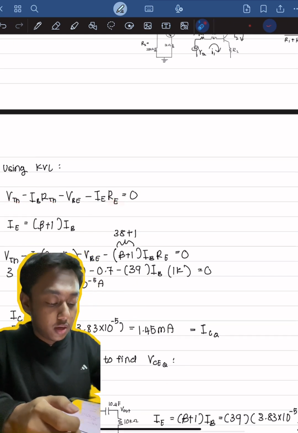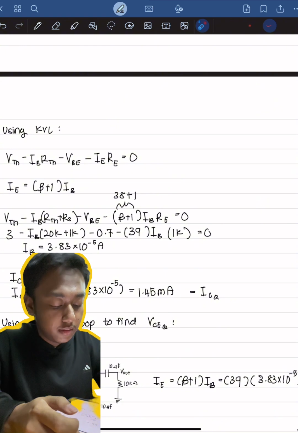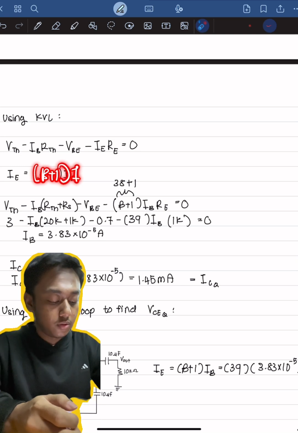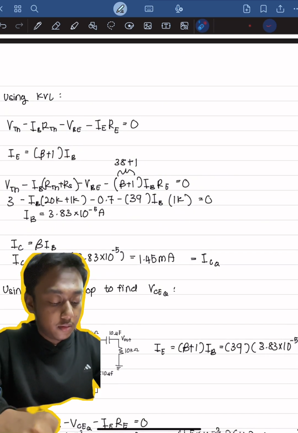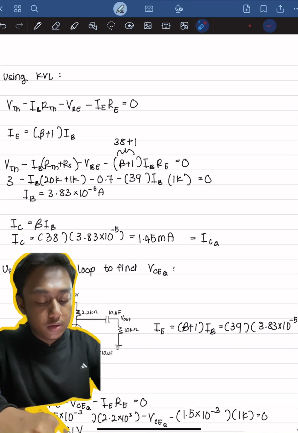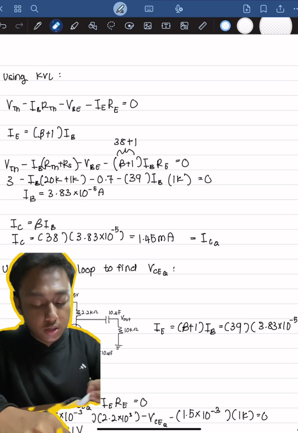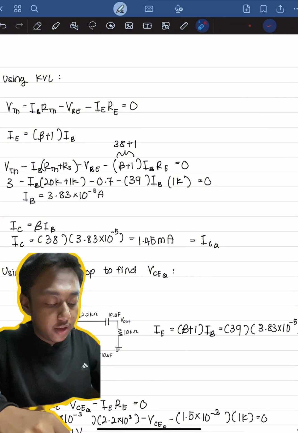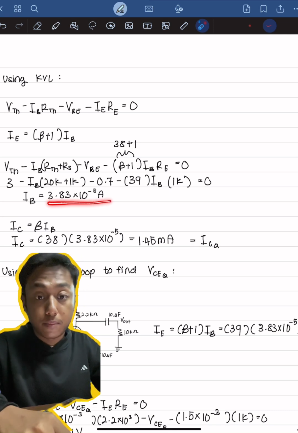We can straight away replace the IE with beta plus 1 times IB here. So then furthermore, on the calculation, we can see that the IB value is 3.83 times 10 to the power of negative 5 ampere.